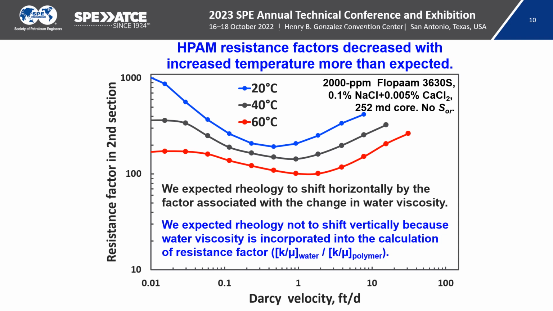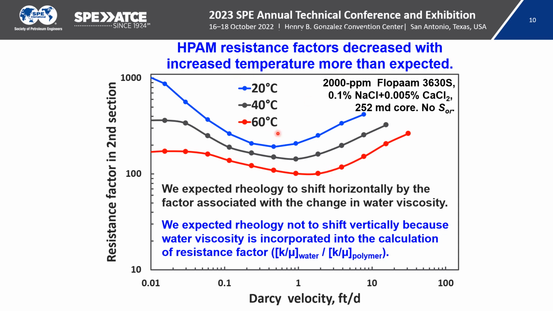And so what that would predict then would be that if you look at real rheological curves like we're showing here, where we've determined polyacrylamide rheology in porous media for 20, 40, and 60 degrees centigrade, the simulators would predict that the Darcy velocity associated with the minimum resistance factor would shift to higher Darcy velocities in proportion to however water viscosity decreases with increased temperature.